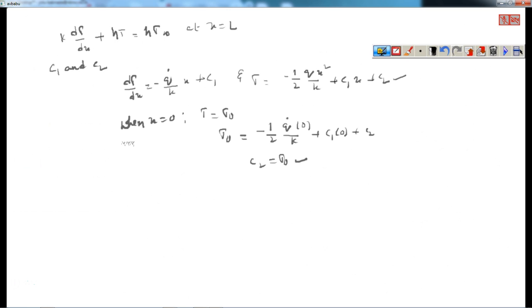Then again dT by dx is equal to minus q dot by k into x plus C1.